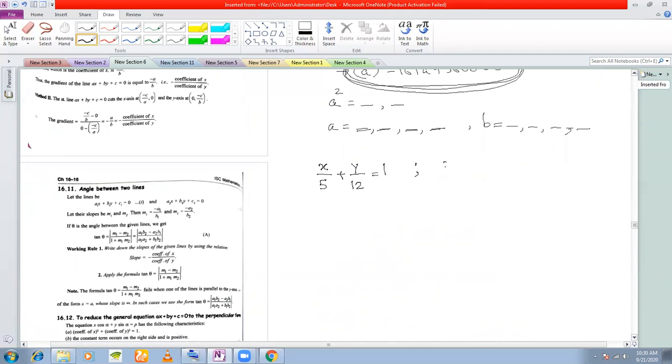And it can be this also, or x by -5 plus y by -12 equal to 1. It can be this also.